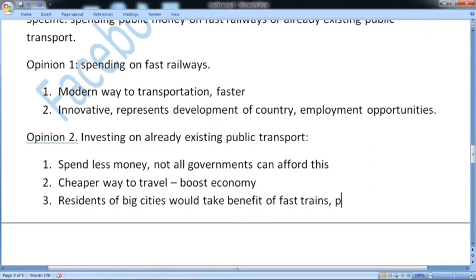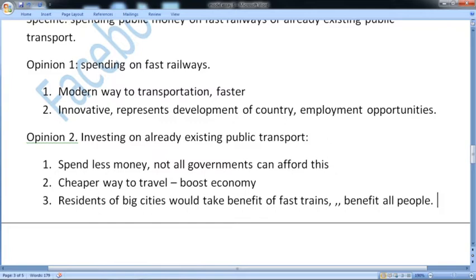Already existing public transport would benefit all people, okay, without any difference. So these are my main ideas.